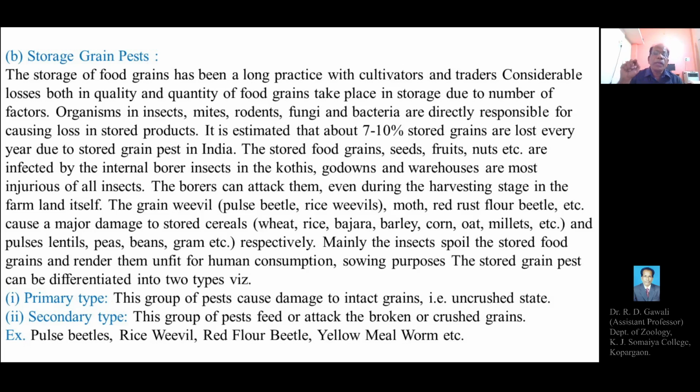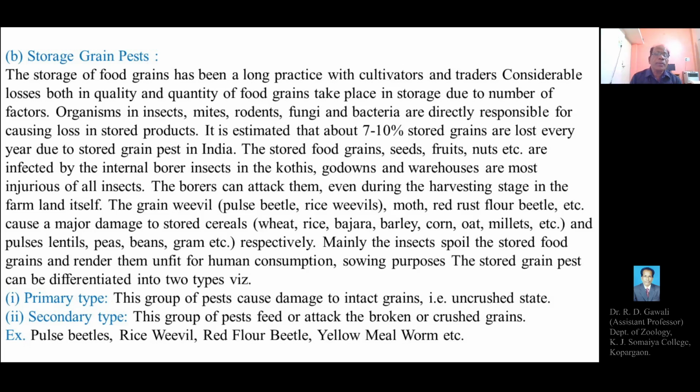Primary type of stored grain pest: this group of pests causes damage to the intact grains, whole grains, that is the uncrushed or unbroken state.